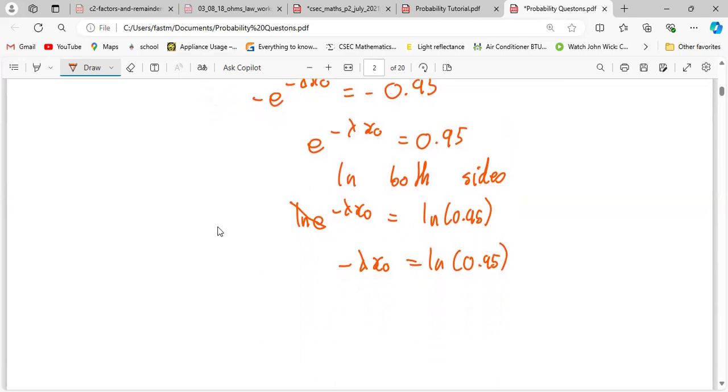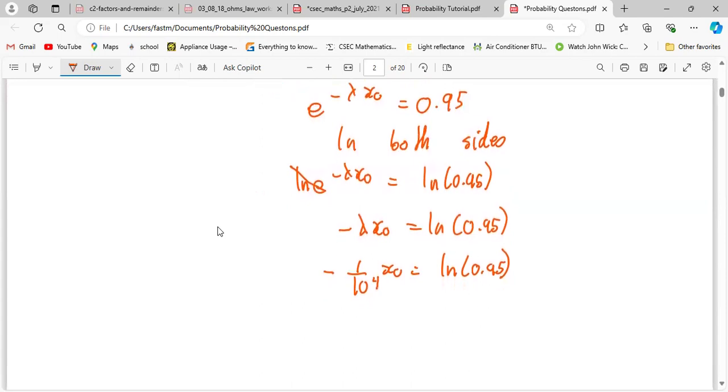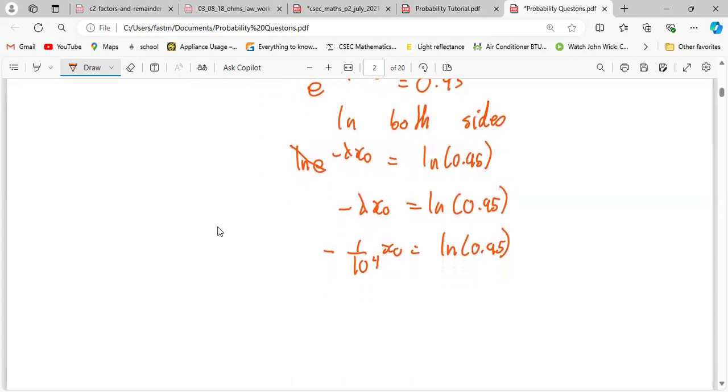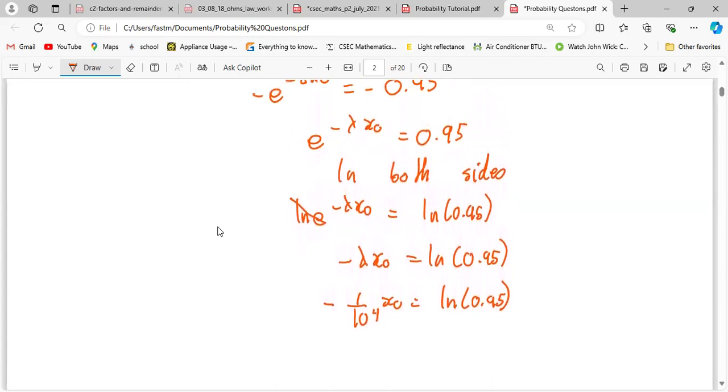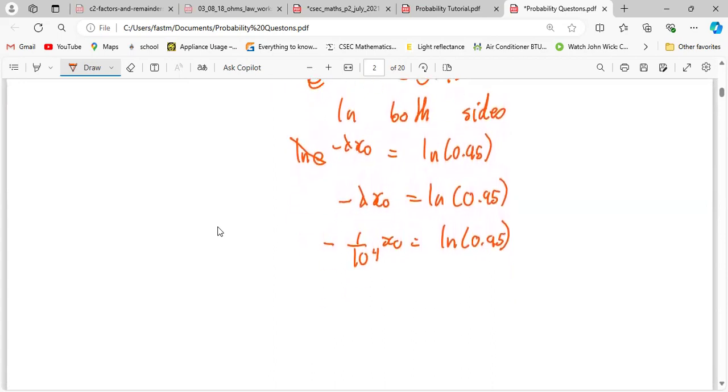Lambda we know from before is 1 on 10 to the 4. X0 we don't know.